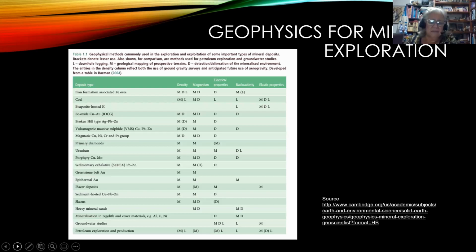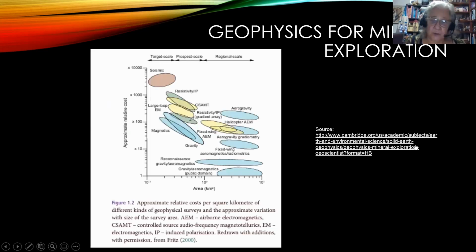This is a similar table. So we have here the source. This is from Michael Dentith's book. That is a very good book for mineral exploration geoscientists. And it shows also how the different methods respond to the different types of deposit. So you need to analyze and decide what methods you are going to use.